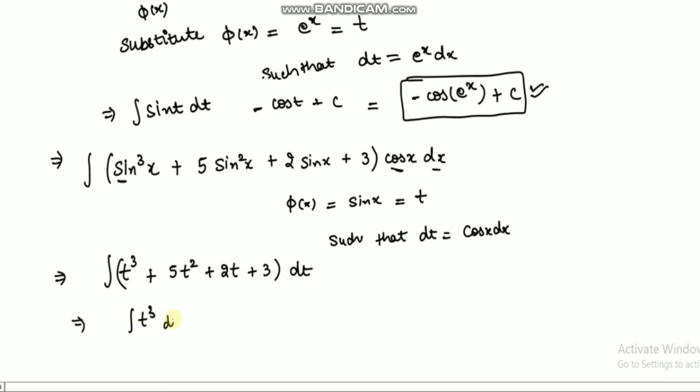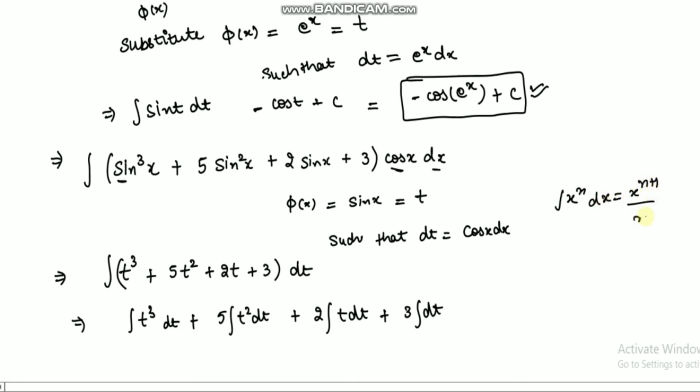We have integration of t cube dt plus 5 times integration of t square dt plus 2 times integration of t dt plus 3 times integration of dt, and apply the formula integration of x raised to power n dx is equal to x raised to power n plus 1 over n plus 1 plus c.